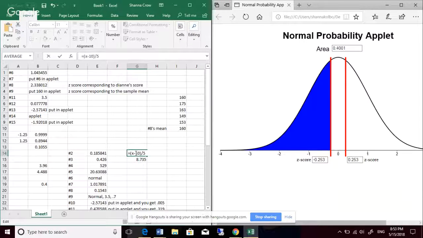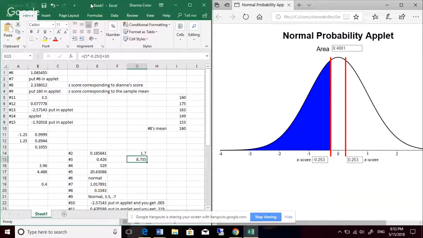Sample means no. So it would just be z equals x minus population mean over standard deviation.